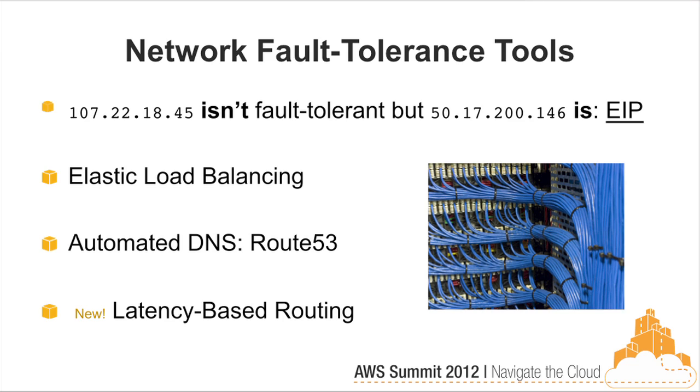We've also just added a feature to that, a hugely important feature from a fault-tolerant standpoint, in latency-based routing. So now you can have one DNS entry from us that points to all the different regions that you have active systems in. And the folks that come in to use your resources, we figure out which region they're closest to and route the traffic to the appropriate place.